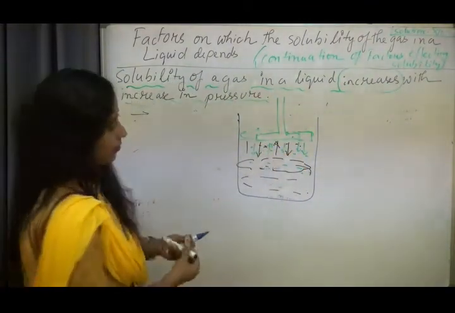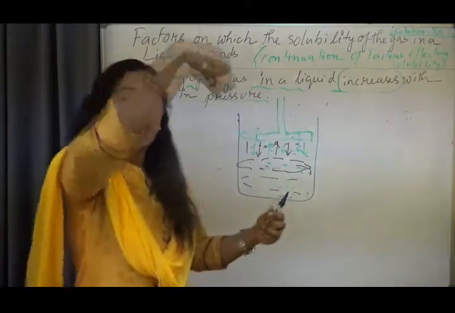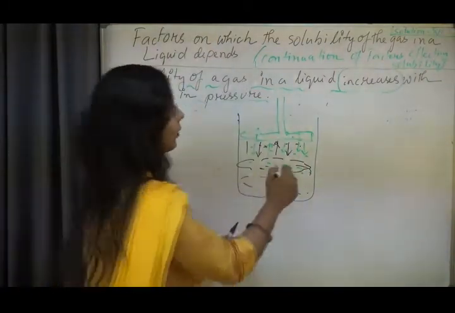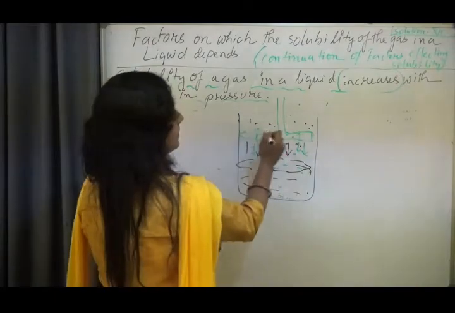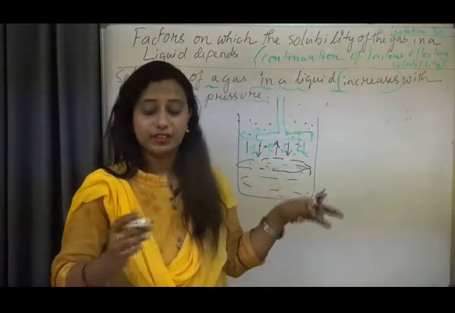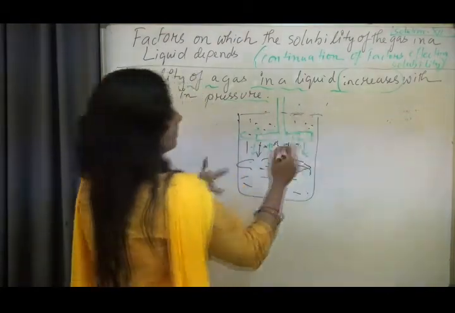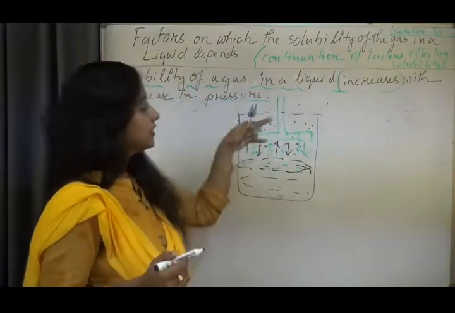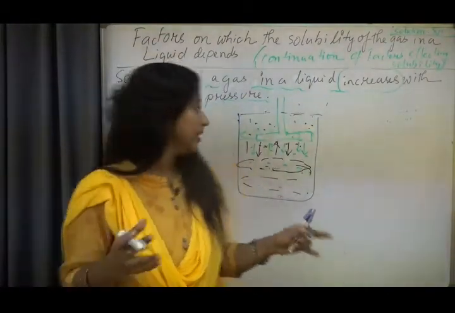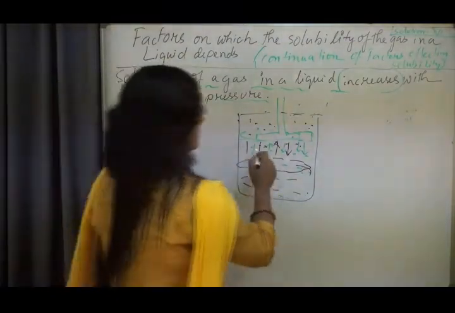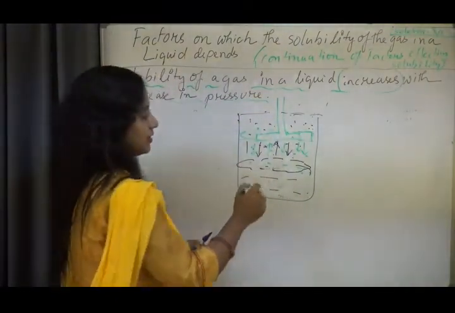Whenever the piston is applied forcefully, what happens? The air which is present in this container, which should be an airtight container so that nothing interferes with the inner surface of the container. When the gas comes in contact with that piston, what happens?